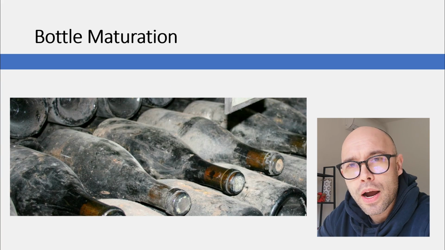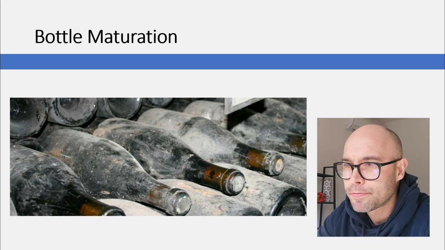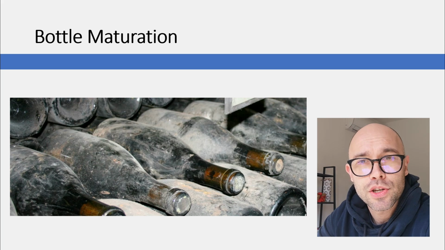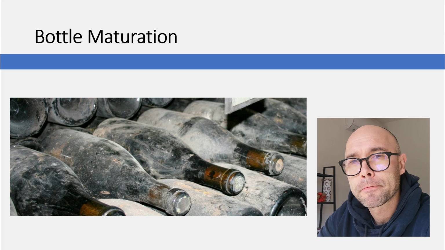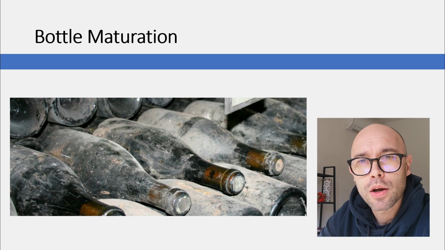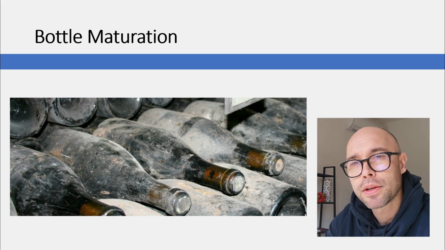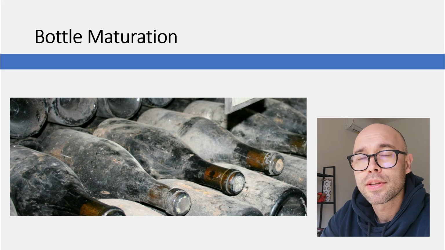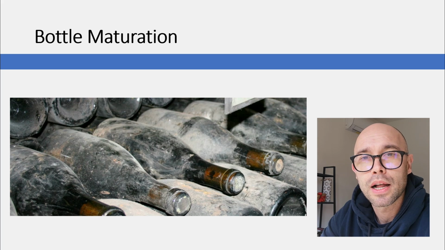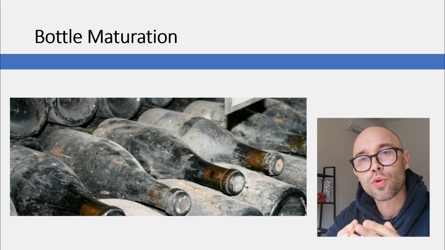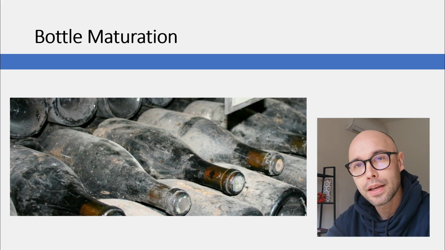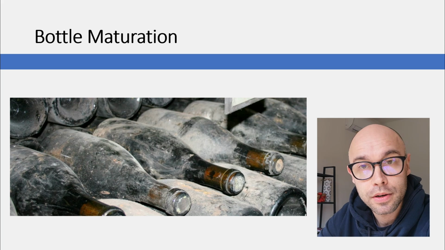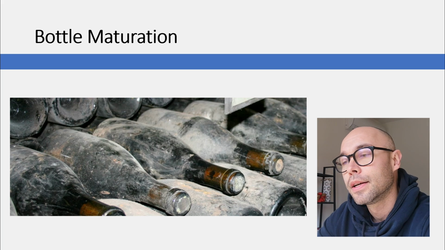When the wine is bottled, it starts aging in the bottle. You know how people say that wine gets better with age, but this is not always the case. Basically, wines need to have certain qualities that will allow them to age and get better with age.